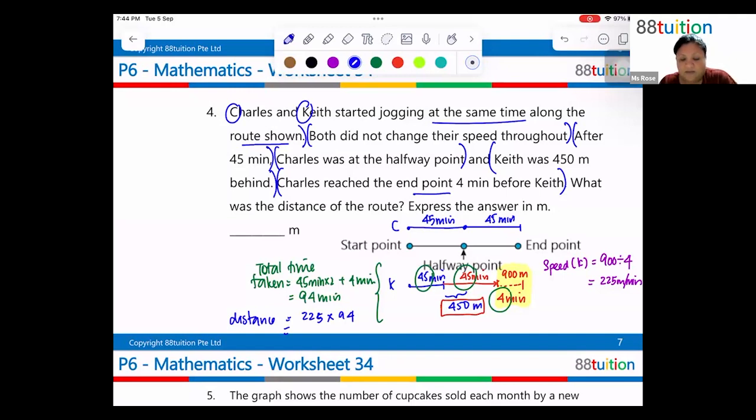So that's 94 times 225 to give me 21,150 meters. So that's the distance between the start point to the end point. So when you're doing speed, it is important that you actually write down the distance time line. Okay?